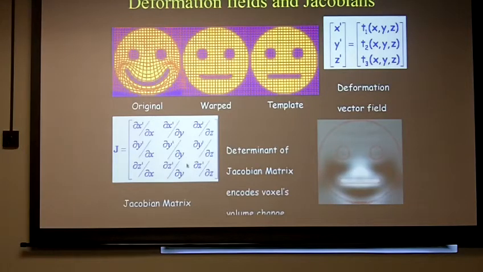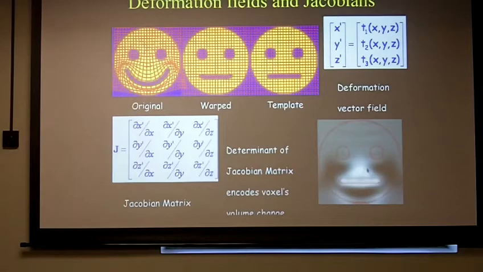Based on this deformation vector field, we can construct a Jacobian matrix for each point. And if you remember the formula from your linear algebra course, the determinant of the Jacobian matrix encodes the voxel's volume change. So this is the Jacobian determinant map. For each point we get a Jacobian matrix, and out of that we get a Jacobian determinant value, and this is the map of it.